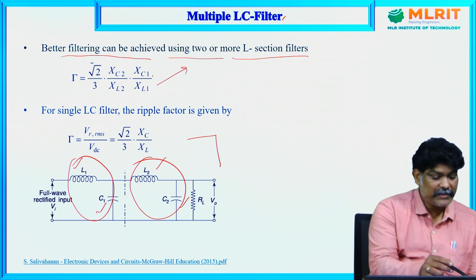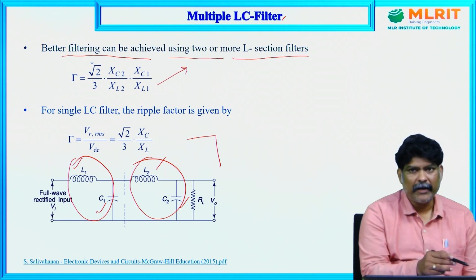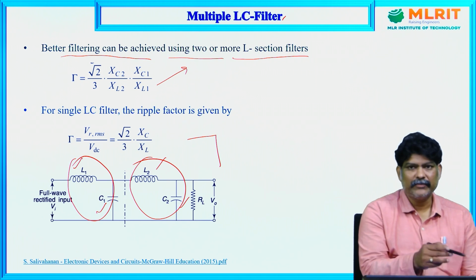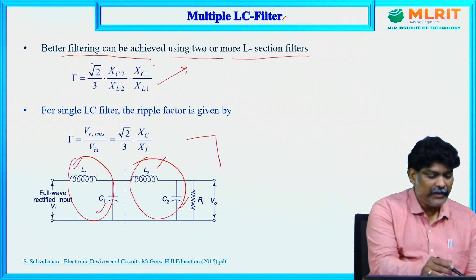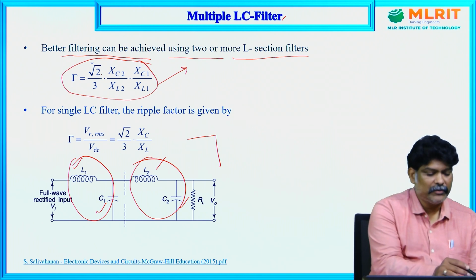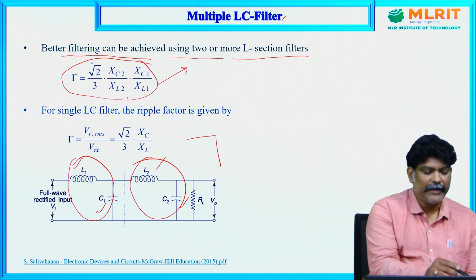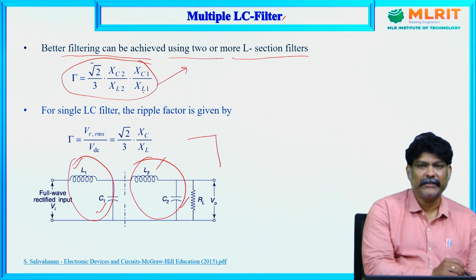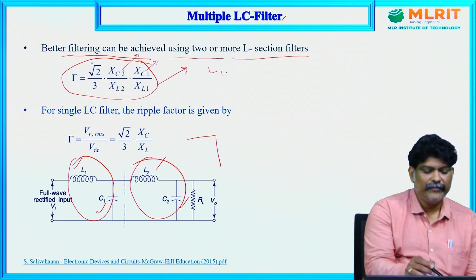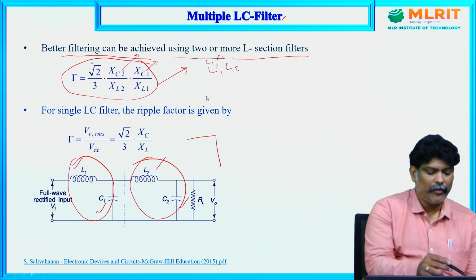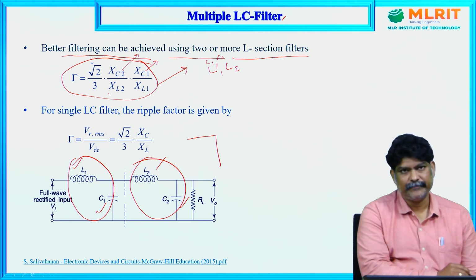If you apply the same analysis which we have done for the single L section filter, then finally you will get the ripple factor as root 2 by 3 XC2 by XL1 times XC1 by XL1. So if you know the values of the inductor and capacitor values L1, L2, C1, C2, then obviously you will get the ripple factor.